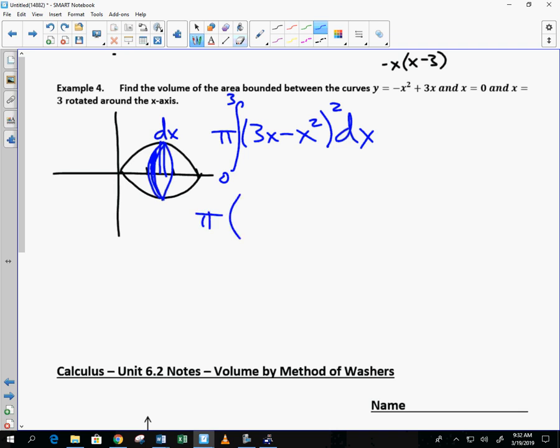Square that out. What do you get? Yep, 9x squared. I multiply these, I get a negative 6x cubed plus x to the fourth.